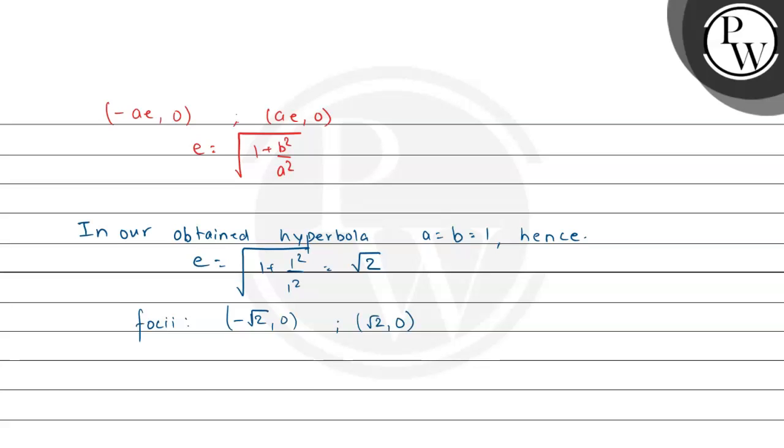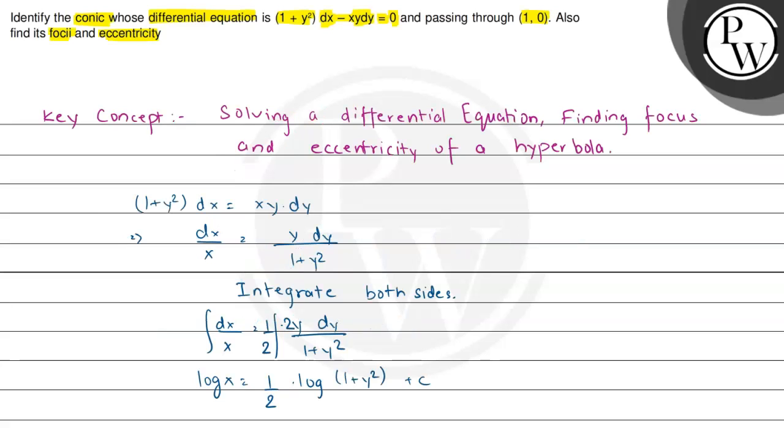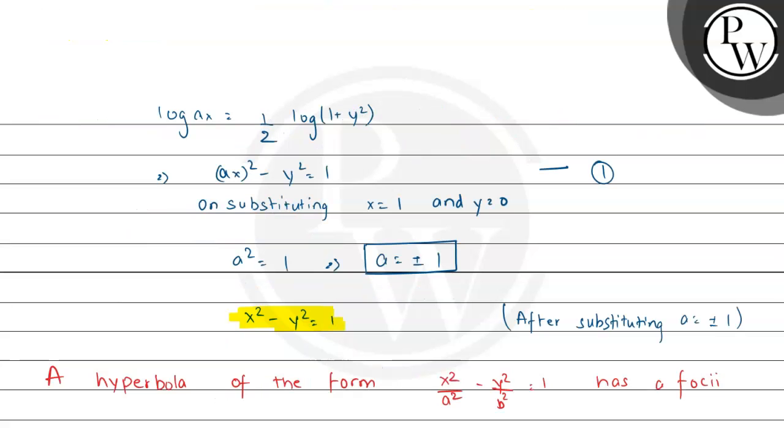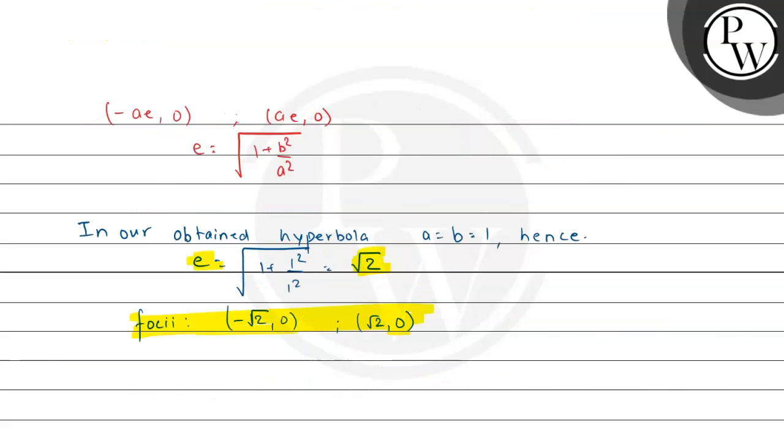So we have both the foci as well as the eccentricity of the hyperbola, or rather our obtained conic, which has the differential equation (1 plus y square) dx minus xy dy is equal to 0. Hope you understood it well, and best of luck.